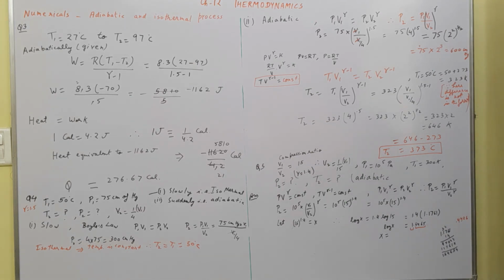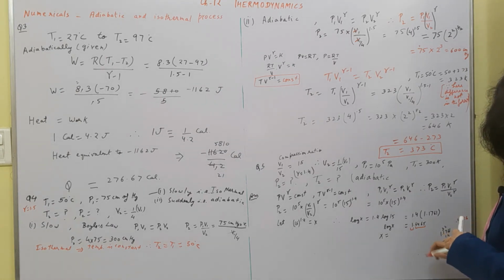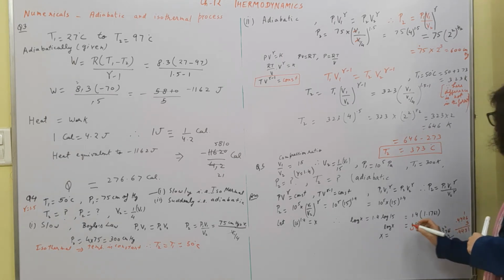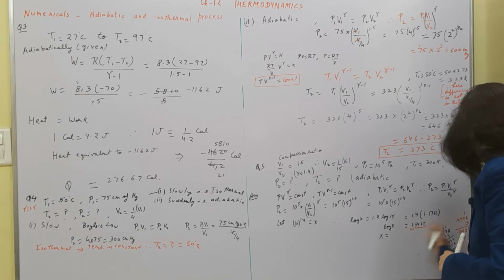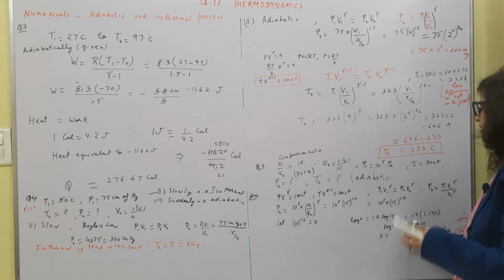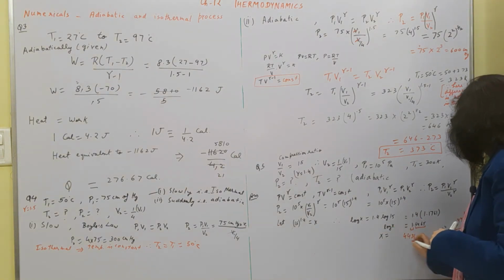0.64, 5 mean difference is 5. So this is added over here. 4426 plus 5 gives 4431. So the decimal will be after 2 digits, so 1, 2, this is 44.3.